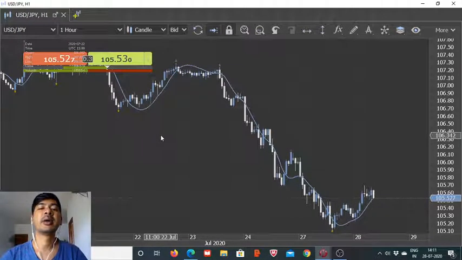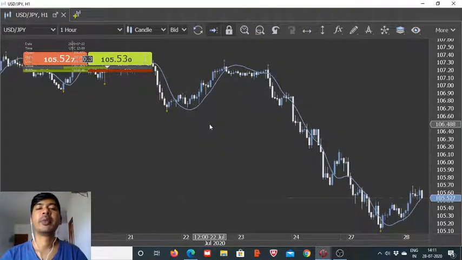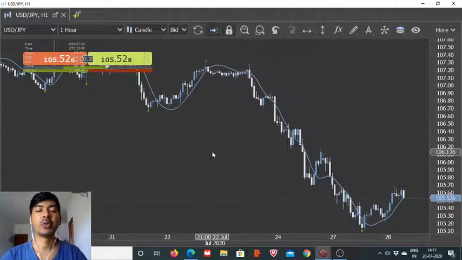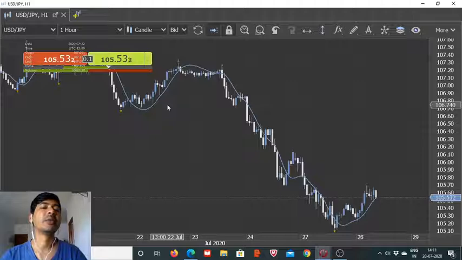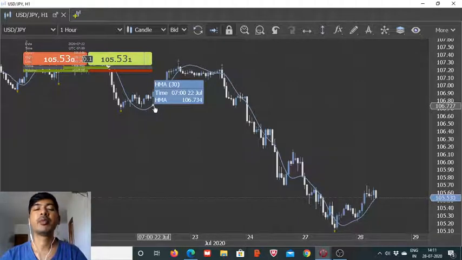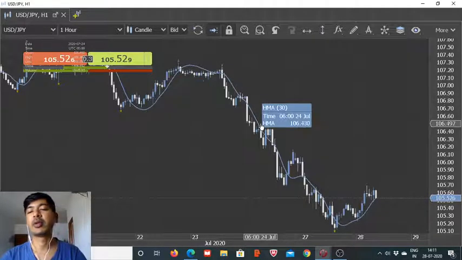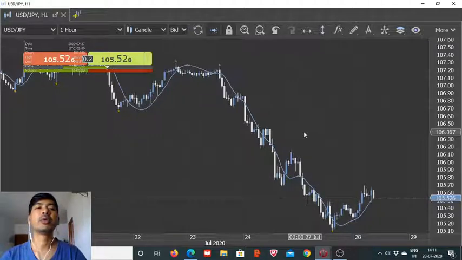And as we have already discussed, it is fast. It will try to stay close to the price action to the possible extent, and because of that we will have the idea of change in momentum really fast, and that's going to be a plus point while using this HMA indicator.